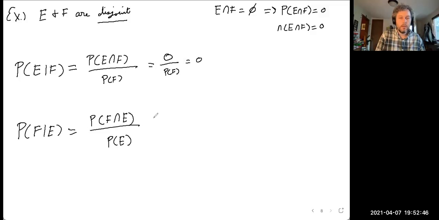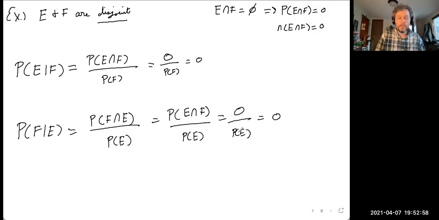Likewise the probability of E and F over the probability of E, and we know that the numerator is 0, so that must also be 0. Because there's no intersection.